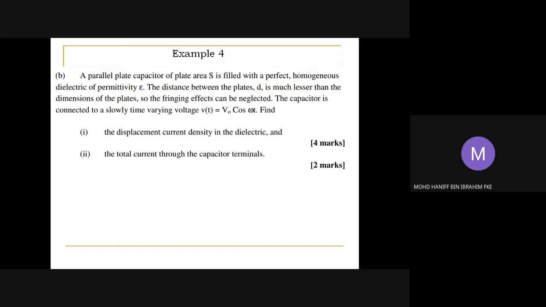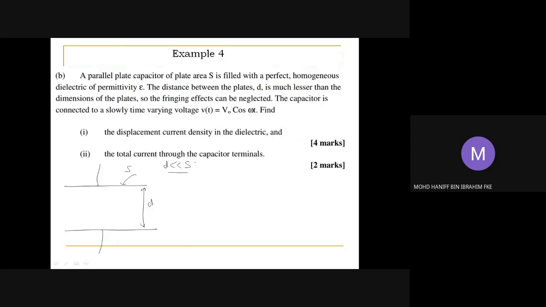Okay, so if I can sketch a diagram for you, that should be your capacitor plate, connected to this conductor here. The area for this capacitor is S, and the distance between the plates is D. It's assumed that D is very much less than the dimension of the plate, which means that D is much less than S, the area of the plate.